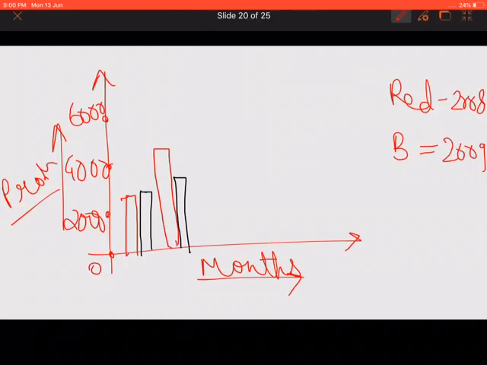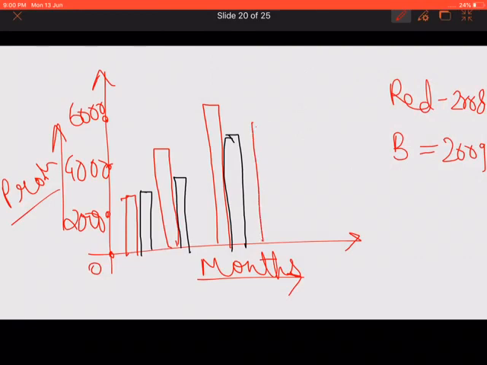Then in August it is 6000 and 4800. So it will be 6000 and 4800. Now in October it is 5000 and 4800. Now in December it is 4200 and 5200.